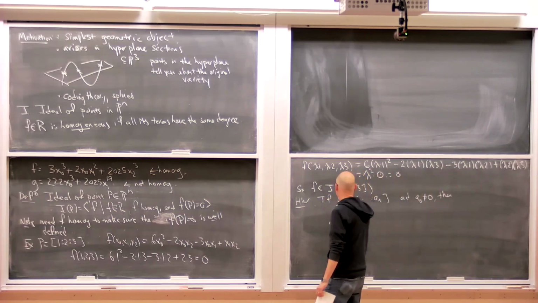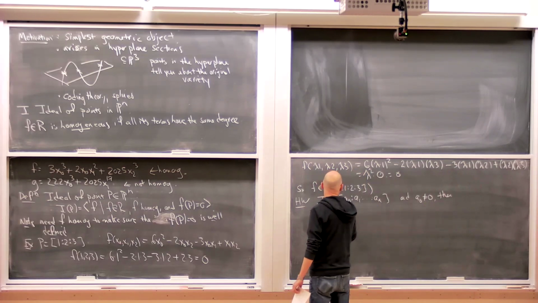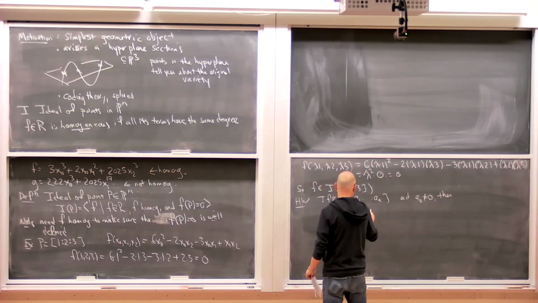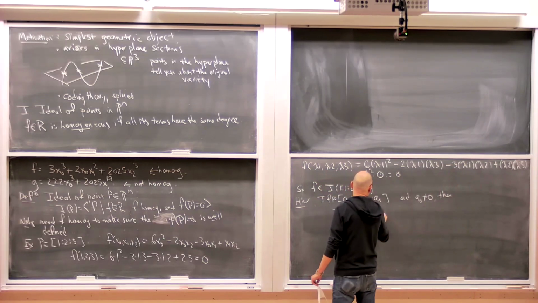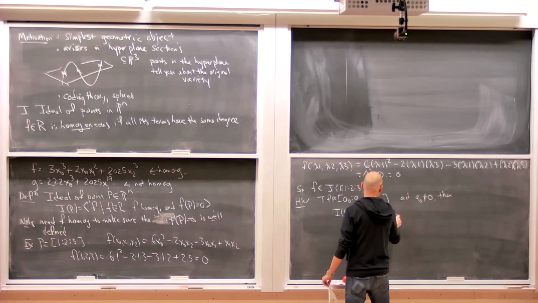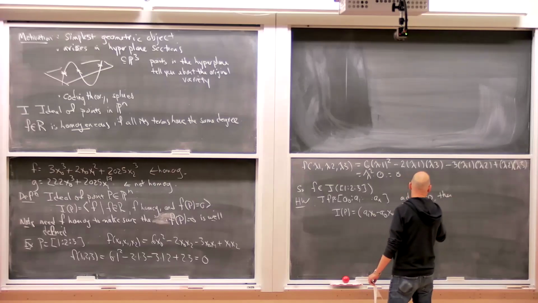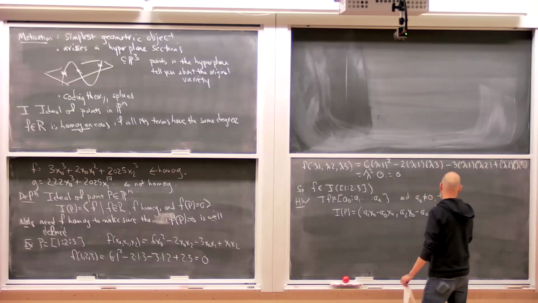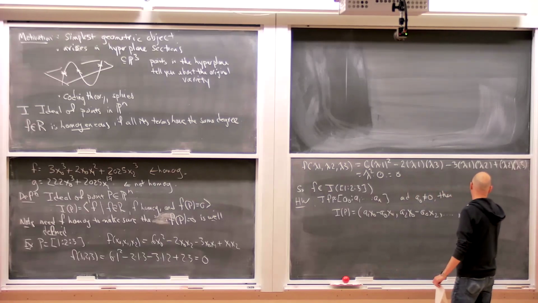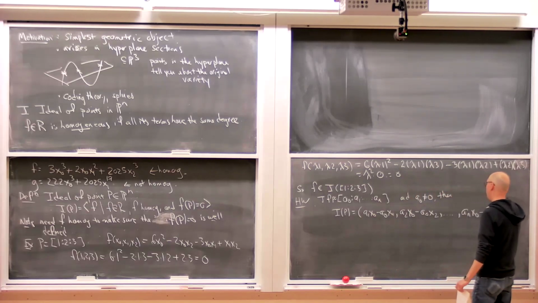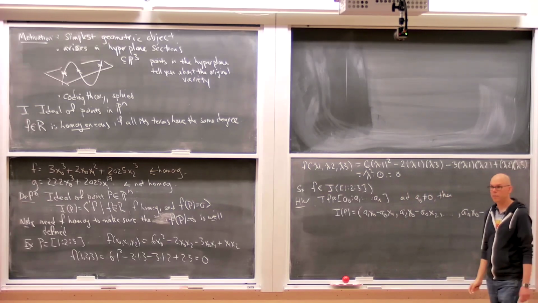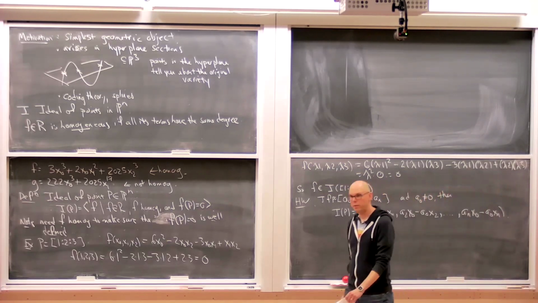Then the ideal, if I call this P, the ideal of this point is generated by A1 x0 minus A0 x1, A2 x0 minus A0 x2, all the way up to An x0 minus A0 xn. You can actually write down explicitly what the set of generators are.